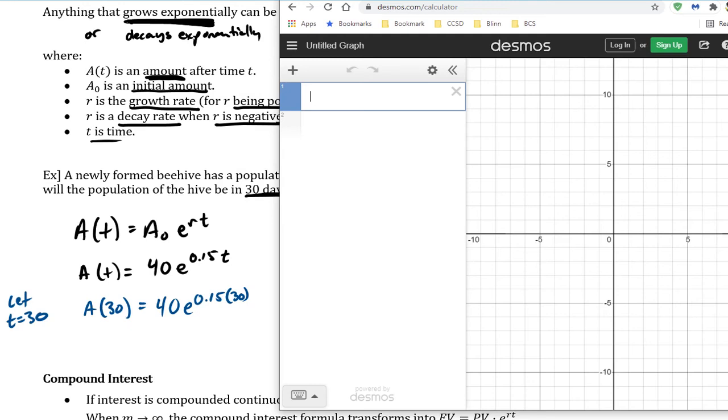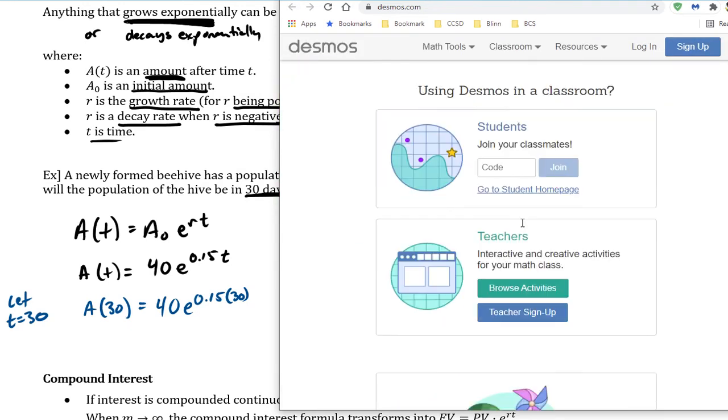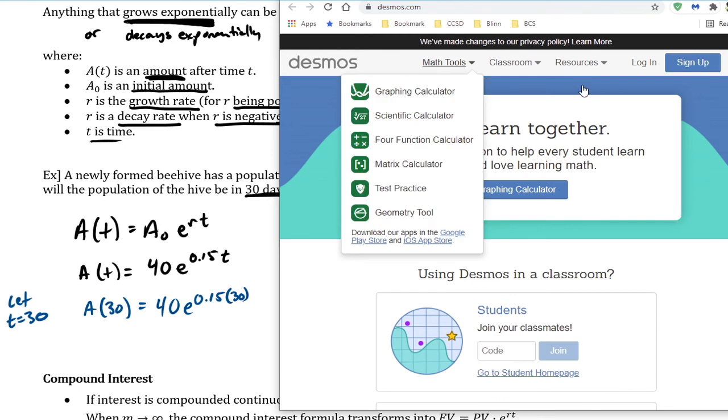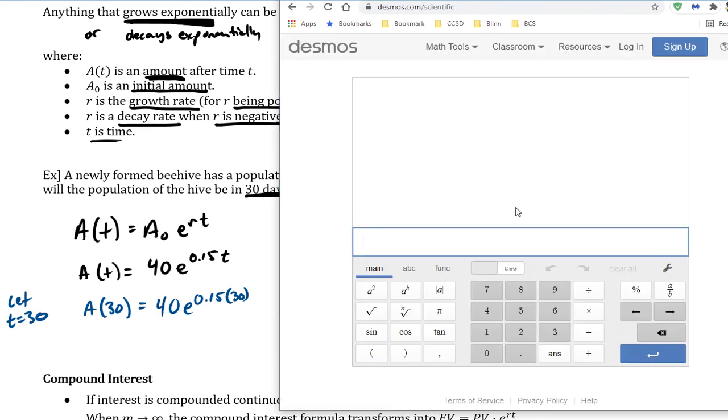I'm currently on Desmos. Let's go to the scientific one. All right, so I need the 40e raised to, let me even do the parentheses, 0.15, and then parentheses 30.